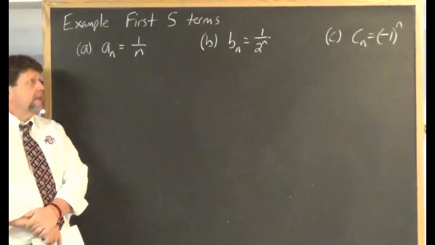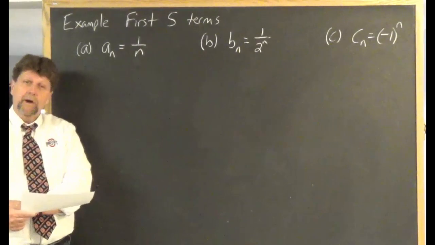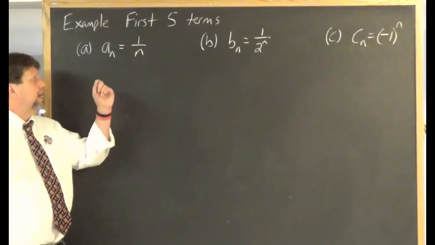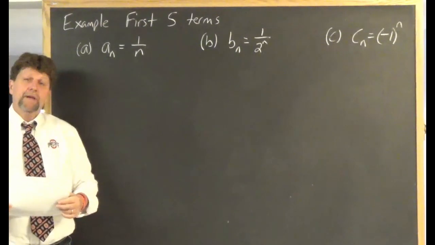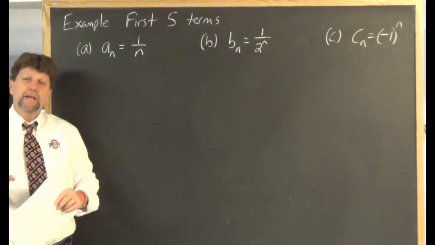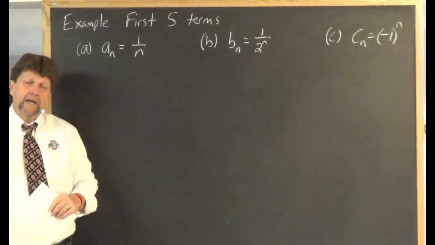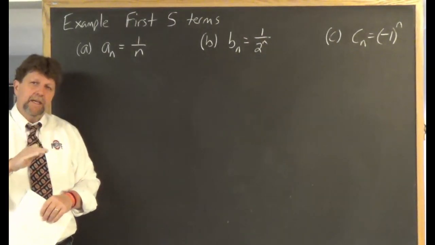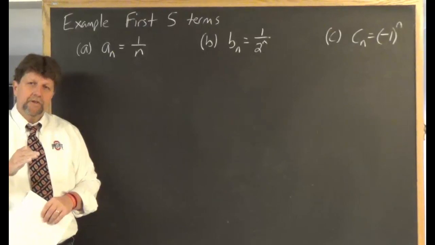All right, folks, here is that example. We are asked to list the first 5 terms of the given sequence. So in part A, the sequence we were given is a sub n equals 1 over n. Remember, the domain for a sequence is positive integers.